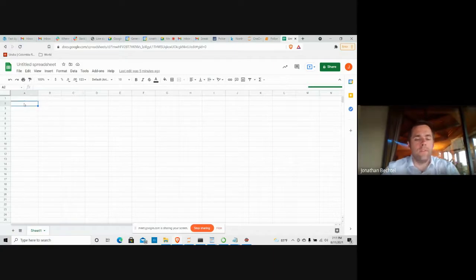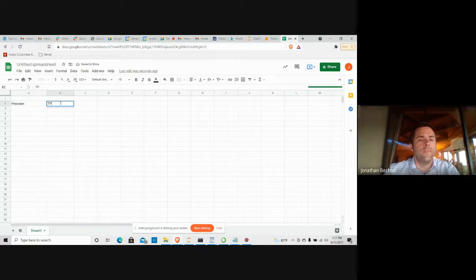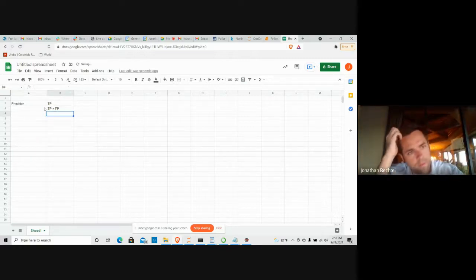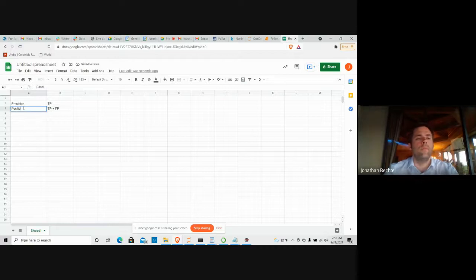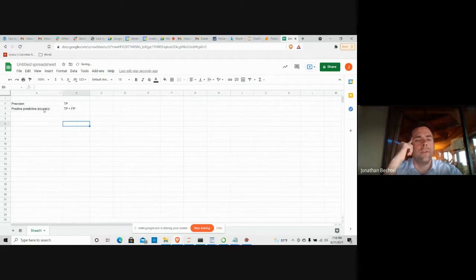So some basic notes. You have precision, which is true positive divided by true positive plus false positive. Precision is what you'd call the positive predictive accuracy.